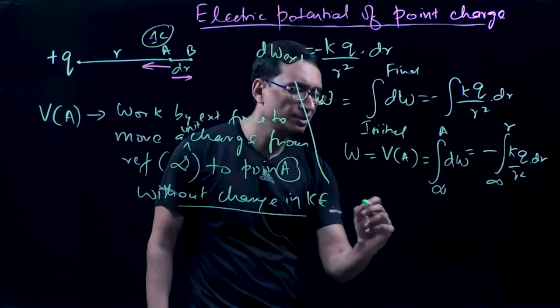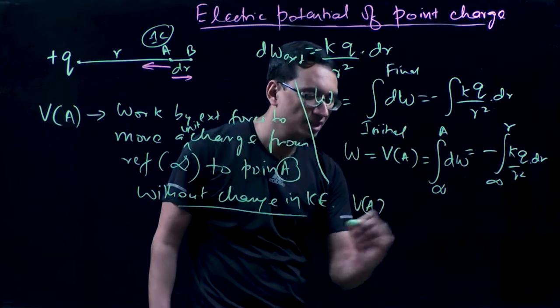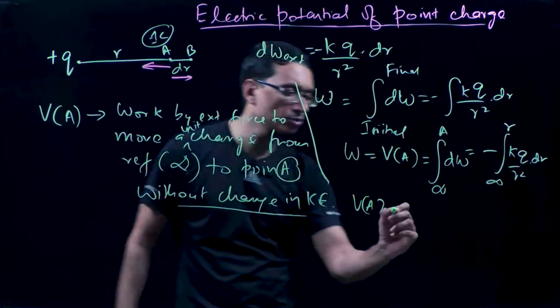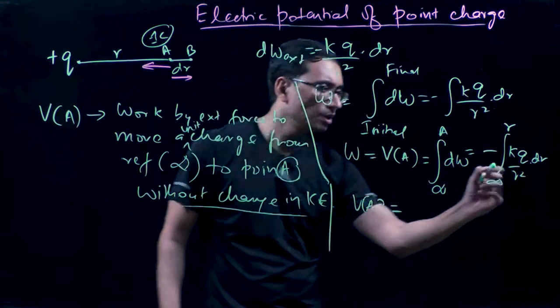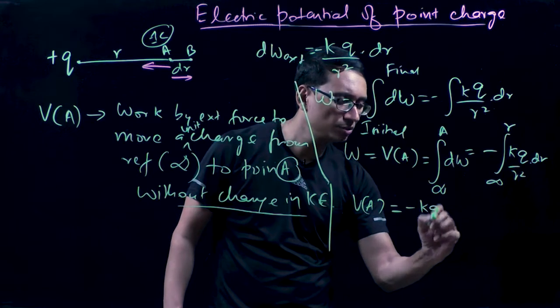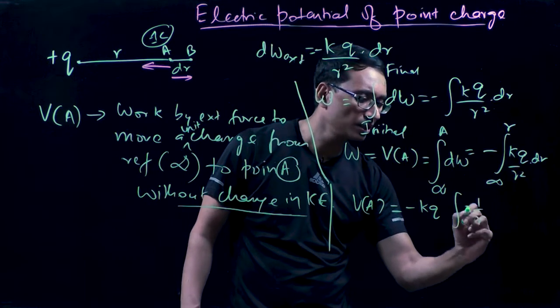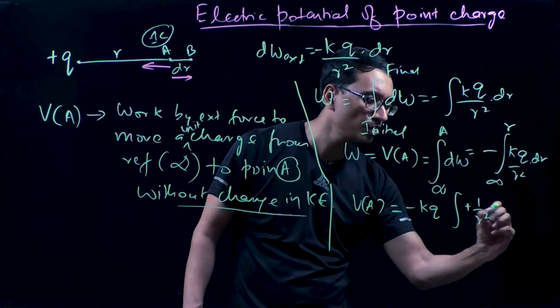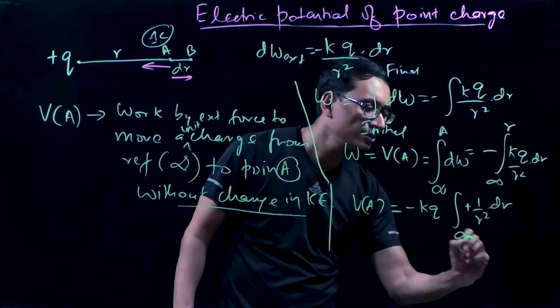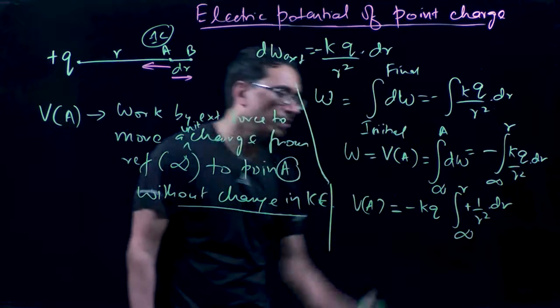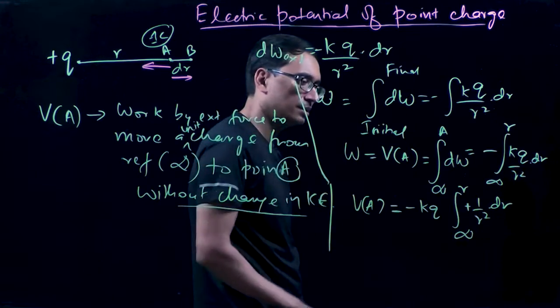Now just a very simple integral. My V at point A, which is at a distance R, is going to be equal to minus KQ, taking it outside, times integral of 1 upon R square into dr from infinity to R. What is the integral of 1 upon R square dr?